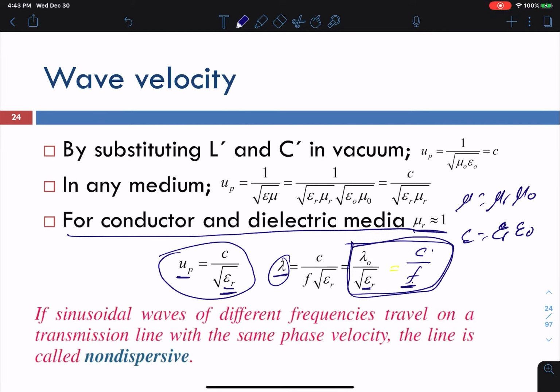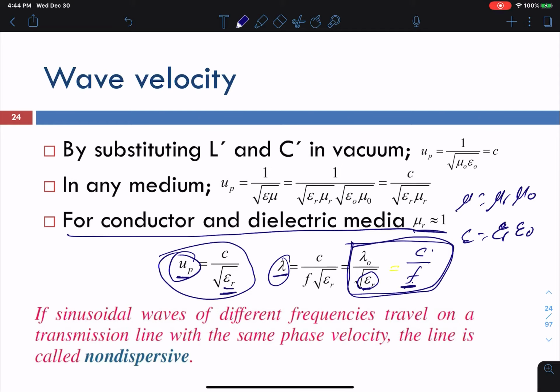So if your epsilon r is not dependent on frequency, then your phase velocity does not depend on frequency. That means all the signals going through the transmission line will go at the same speed. That means you don't have any dispersion in the line. Make sense? So when you select materials for the transmission line, you do not select them just for mechanical strength.